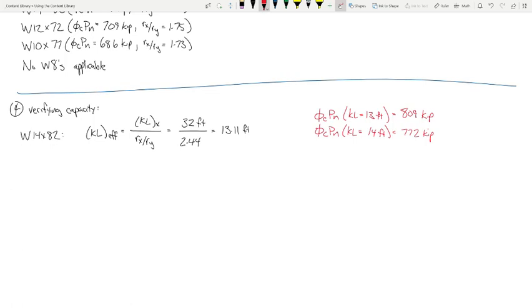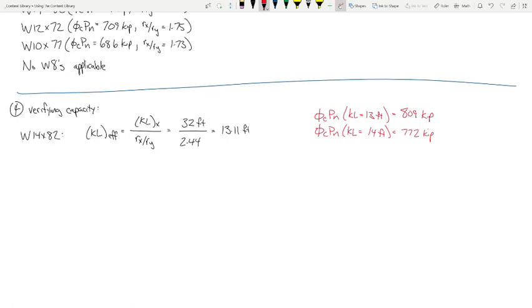I'm going to ask you a simple question. Normally, we would take these and linearly interpolate. Do we need to do that? You're saying no. Why? Both values are greater than the capacity. Both values are bigger than this, right? It doesn't matter what we get when we linearly interpolate between 809 and 772.